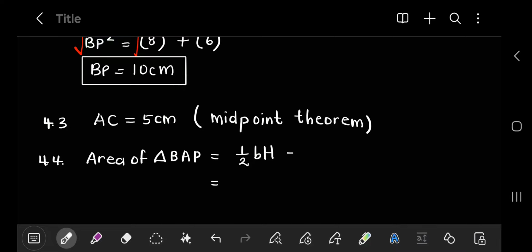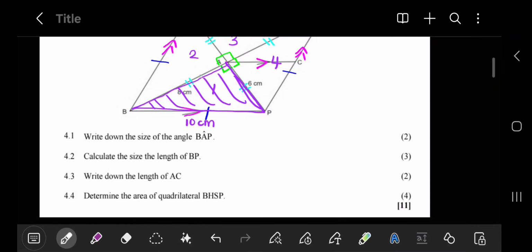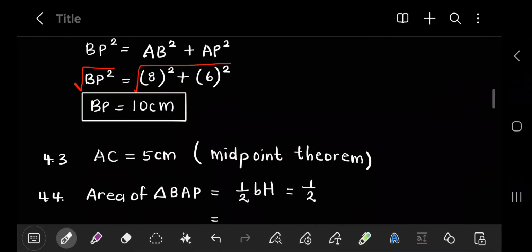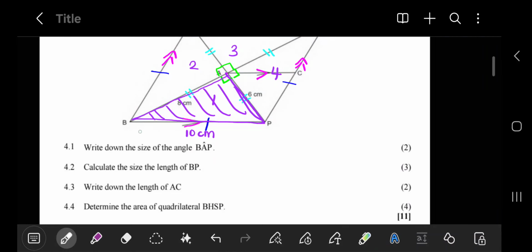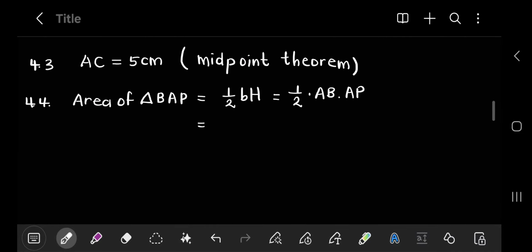Let's take the base as AB and the height as AP. Here's the thing: if you're not sure which two sides to take as the base and the height, it is always the two sides that have the 90 degrees between them. Now AB is 8 and AP is 6.